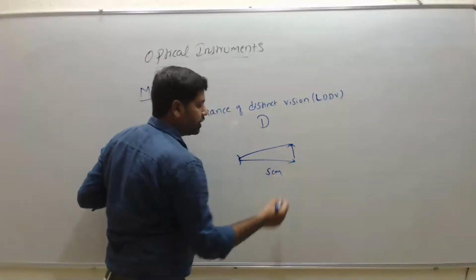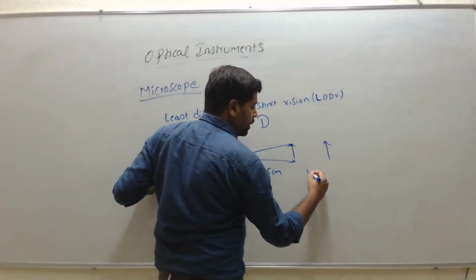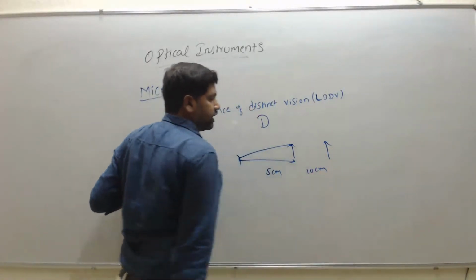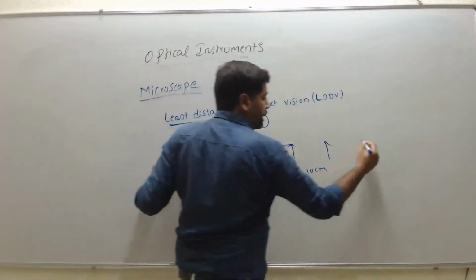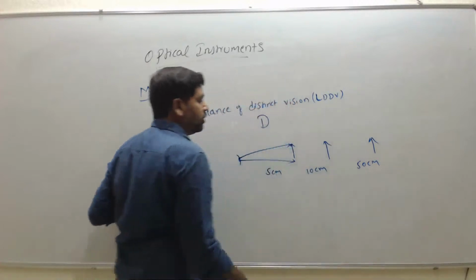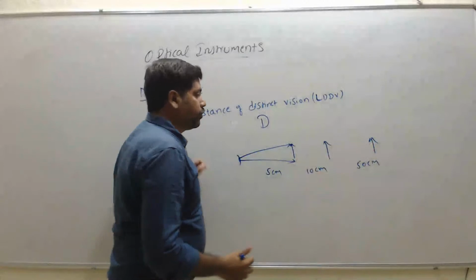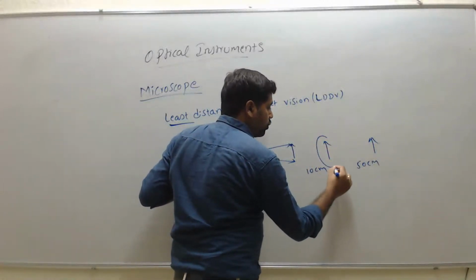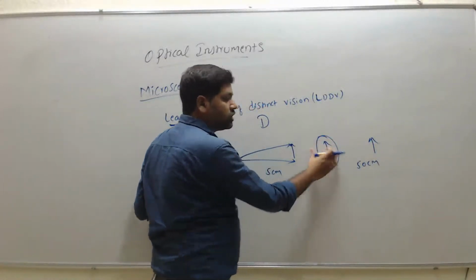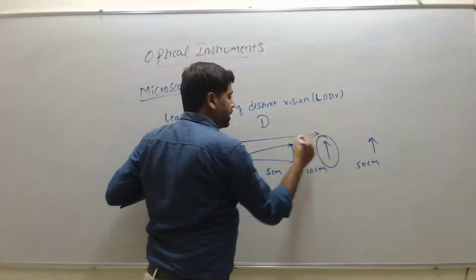If it is at 5 centimeter, or 10 centimeter, or even 50 centimeter, the observer can see the object, but he can see it clearly without straining his eyes at a distance of 10 centimeter.